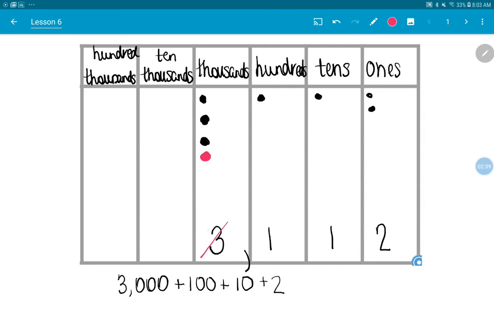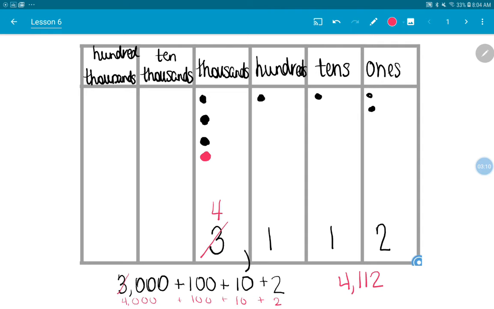Now instead of 3,000, I have 4,000. It doesn't affect my hundreds, tens, or ones. I only changed the thousands place. Now in standard form, that number would be 4,112 instead of 3,112.